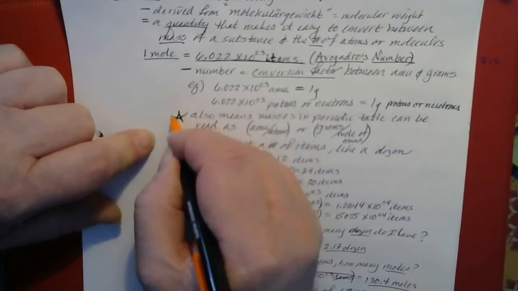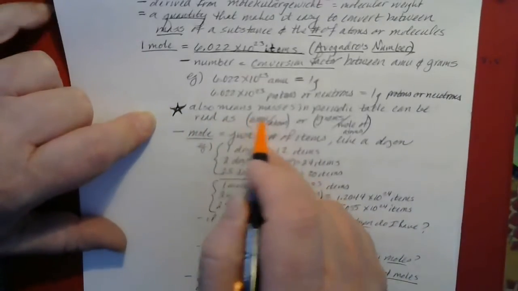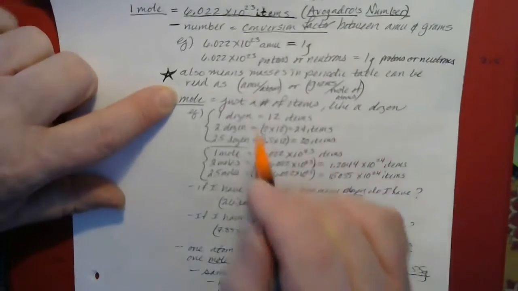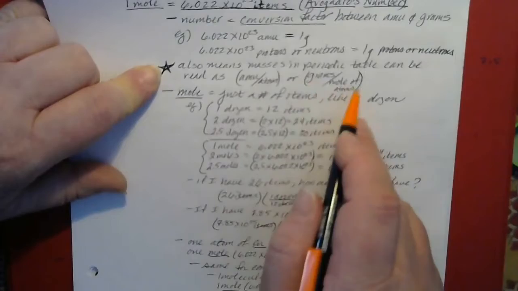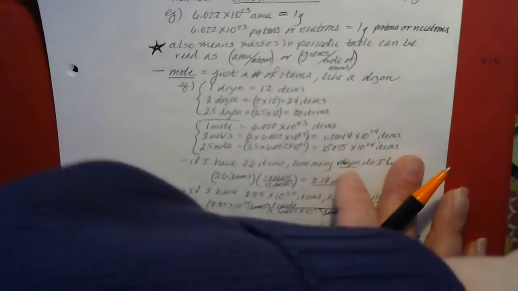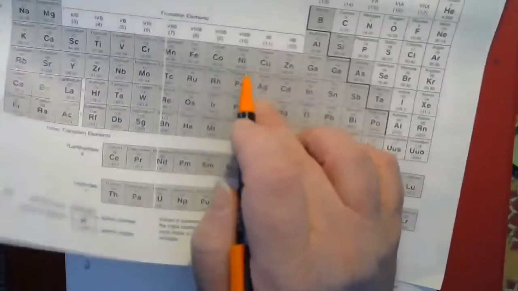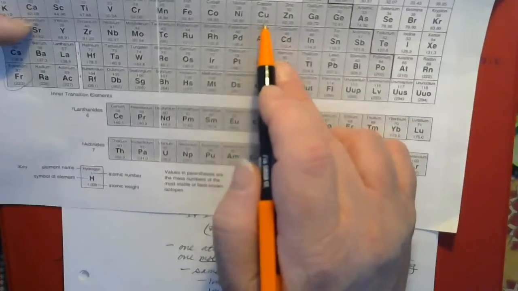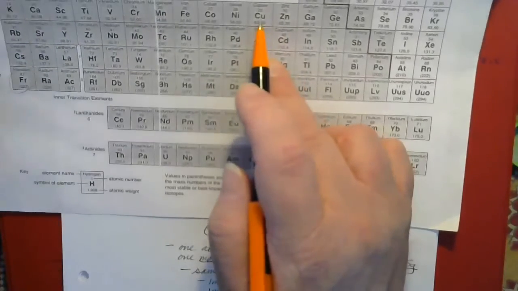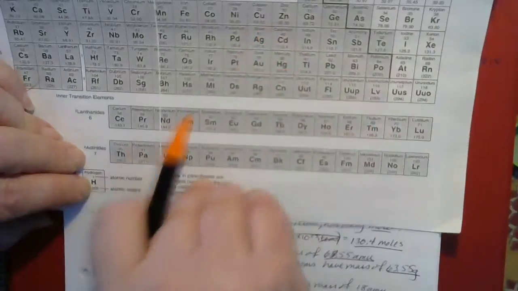And the really important and useful thing here also means that in the periodic table, the masses can be read as atomic mass units per atom or as grams per mole of atoms. Okay, so if we look at the periodic table and we see that copper has an atomic mass of 63.55, that means that each copper atom on average has a mass of 63.55 atomic mass units.